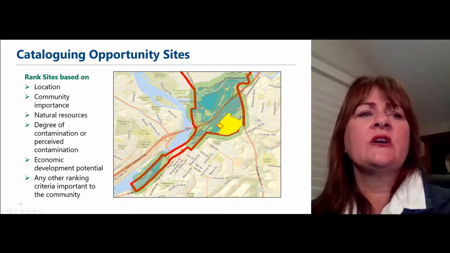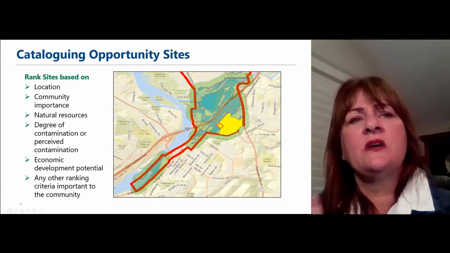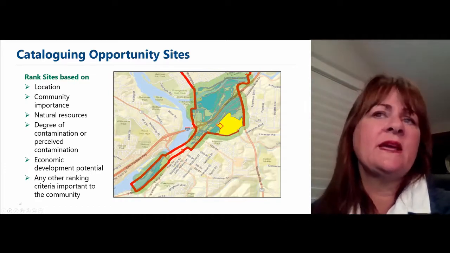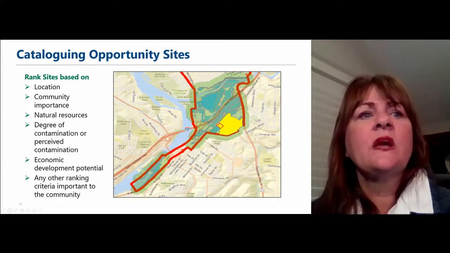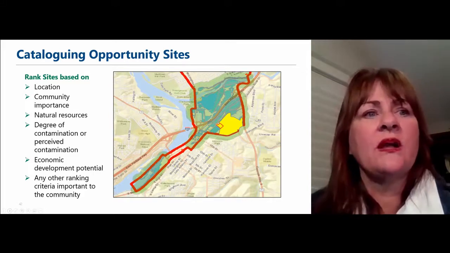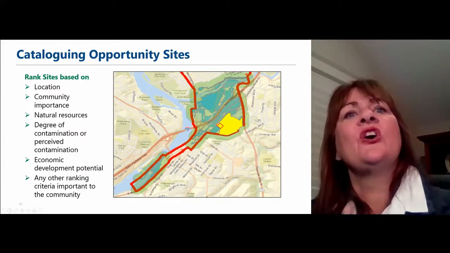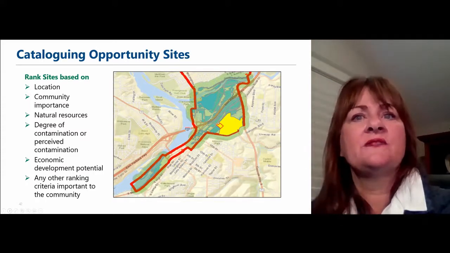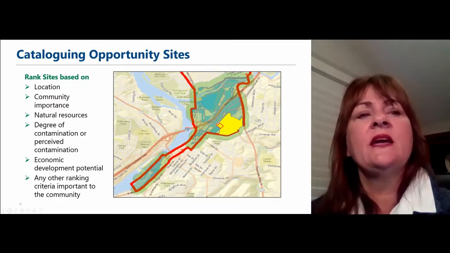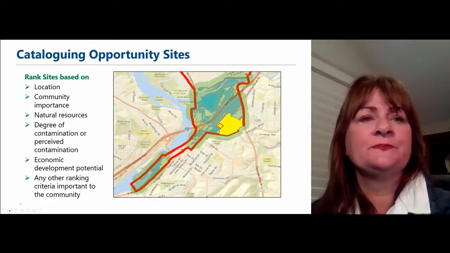It's just a good idea to write them down, get the community's input, and then start a very basic process of ranking your properties. You can also get brownfields grant funding to actually do this kind of work. But sometimes demonstrating to the EPA that you've already been thinking about it, that you have started a basic process of ranking, can go a long way in a grant application.